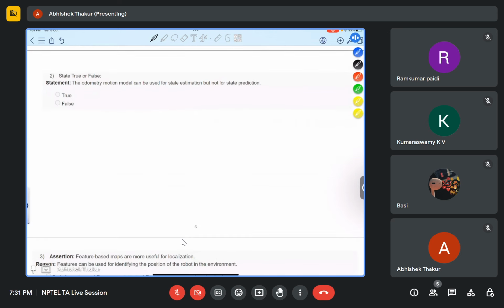Moving on to the second question. The odometry motion model can be used for state estimation, but not for state prediction.